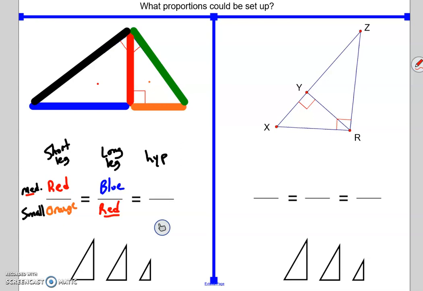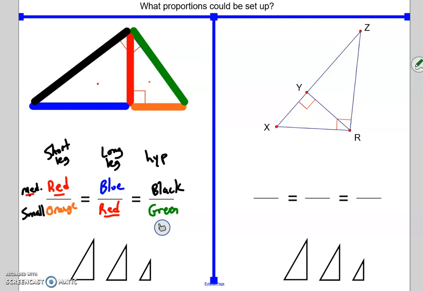It's also the medium triangle's short leg, which we're seeing here. And that's okay to have it in a couple different spots. It's the same line segment, just used differently in different triangles. Okay, then I go to the last one. If I'm looking for the medium triangle's hypotenuse, that is going to be the black line segment. And you can compare that to the small triangle's hypotenuse, which is the green line segment. Okay, so all three of these ratios are going to be equal.